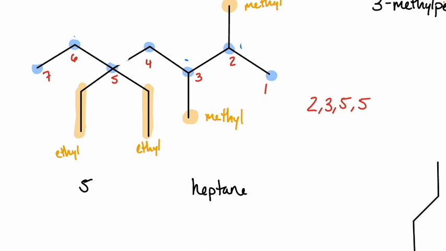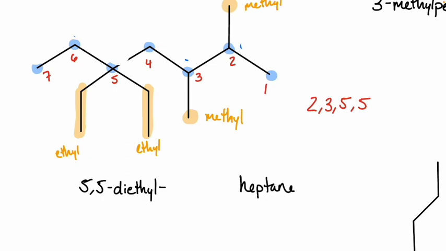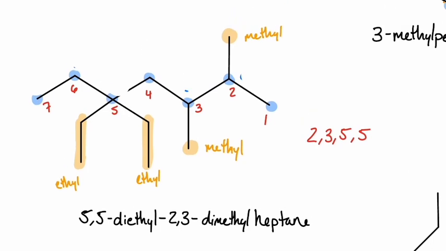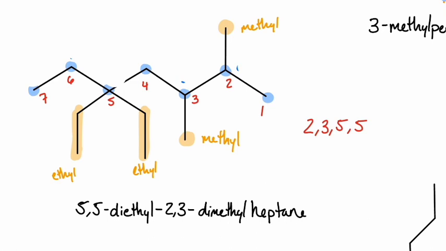So 5,5-diethyl, 2,3-dimethyl, heptane. All right, so 5,5-diethyl-2,3-dimethylheptane.